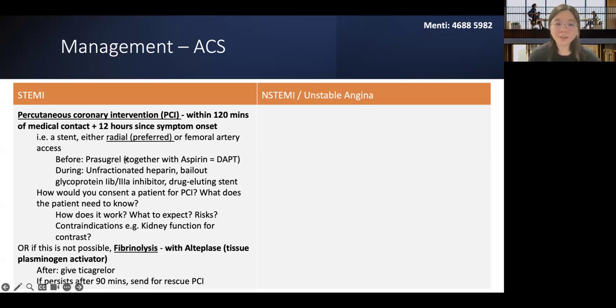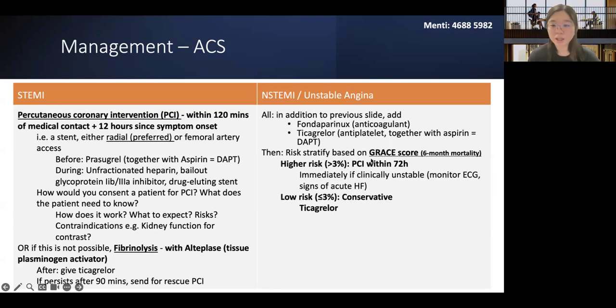Okay, so for the NSTEMI, it's not as severe, so you don't need to do the PCI so quickly. You would try to stratify with this GRACE score. Even I don't know what is in this, but basically it means the 6 months mortality. And if they are at high risk of mortality, you would like to do it within 3 days.